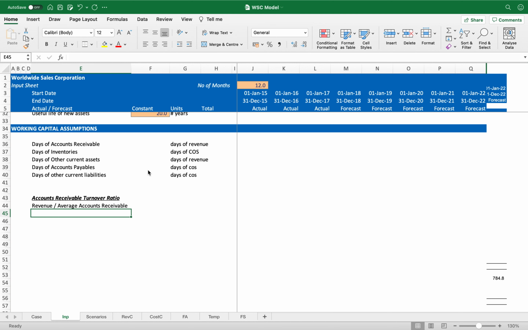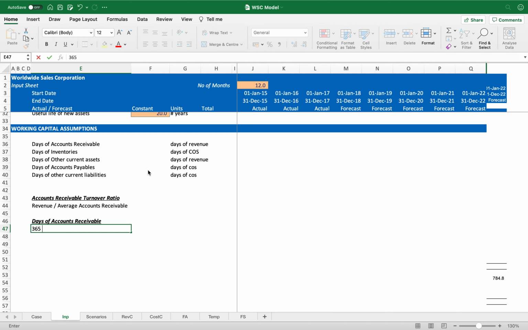Now, if I have to compute this number in days, if I have to compute days of revenue, the formula for days of accounts receivable is 365 divided by accounts receivable turnover ratio.